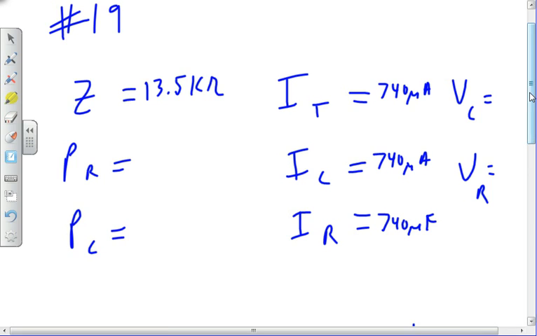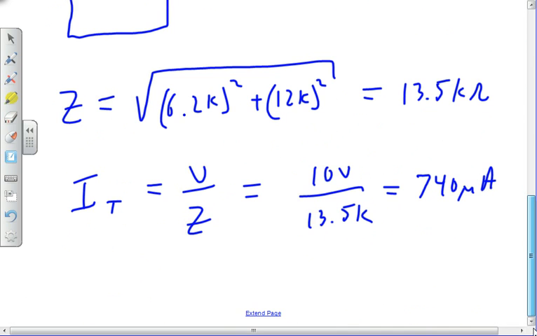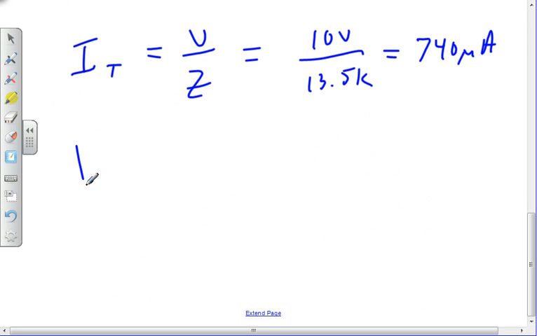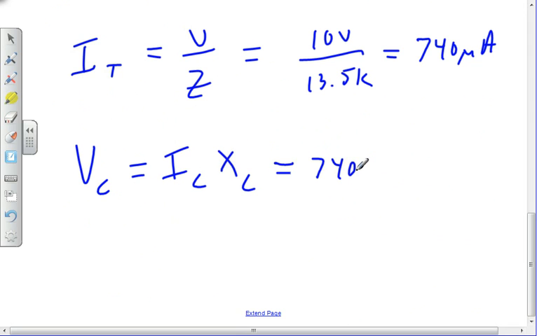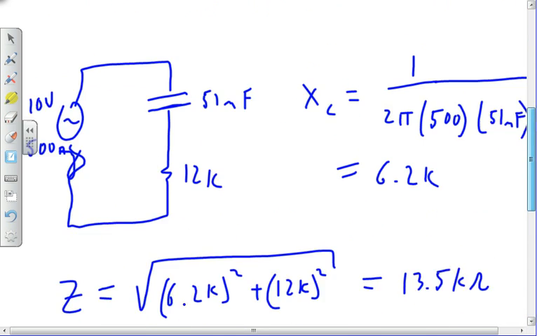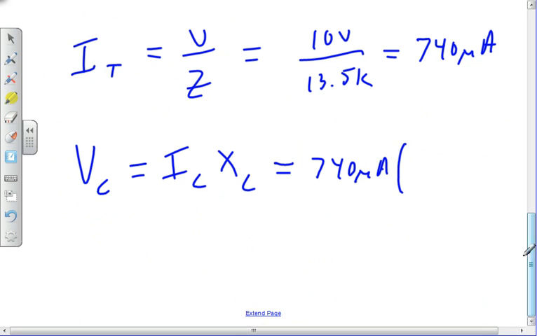The voltage across the capacitor is going to be current across the capacitor times X sub C: 740 microamps times 6.2K.